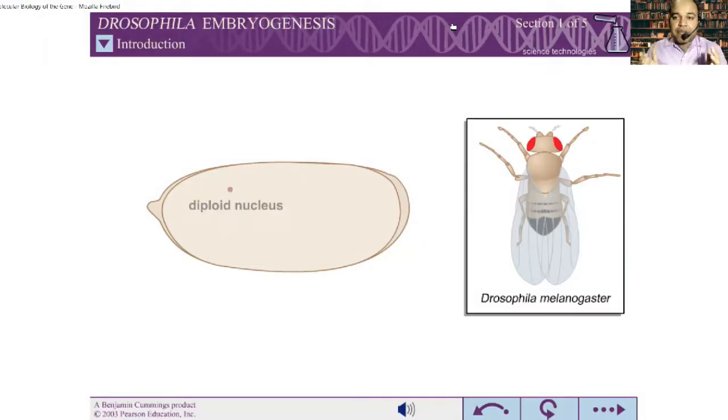Differentiation of the cell begins to take place in order to form different parts of the fruit fly, such as the facets of the eyes, the forelimbs, the hind limbs, the antennapedia complex. All these different types of structures are being produced. We must view how these structures are being produced.